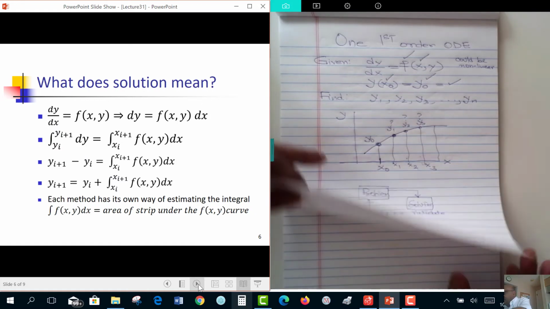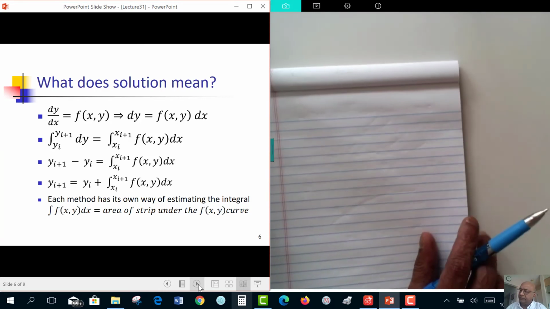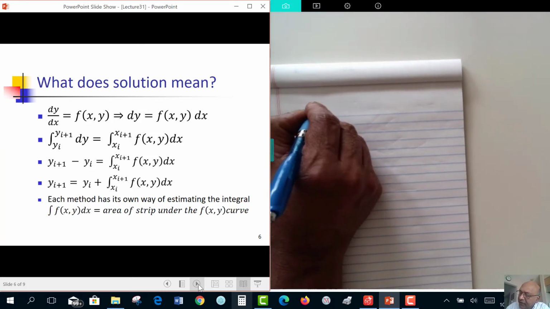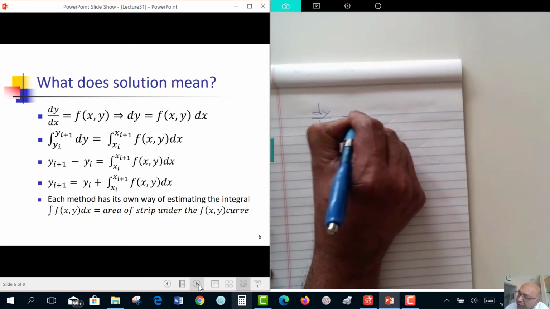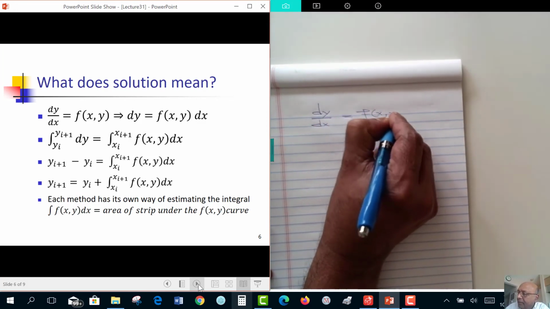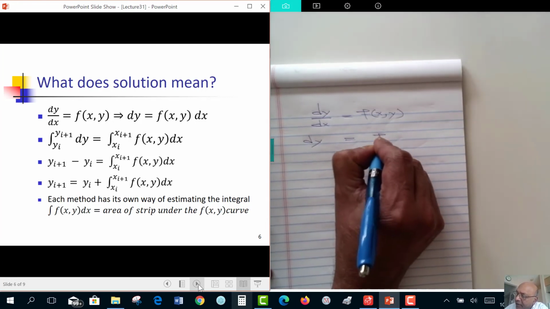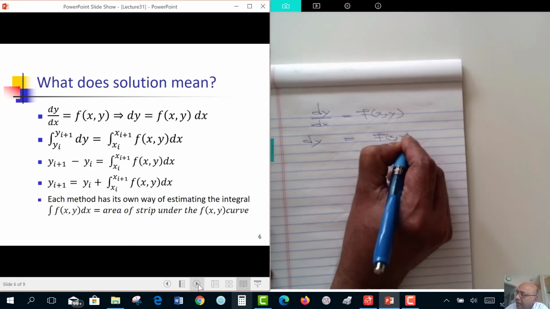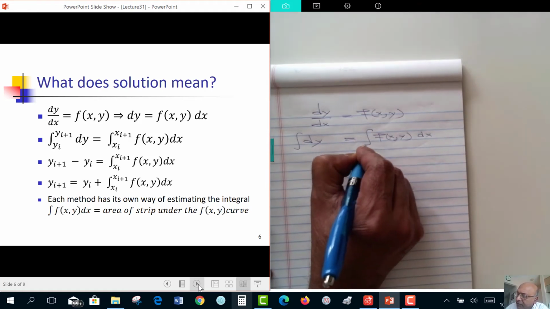So let's see, what does a solution mean? We say we are given dy dx is a function of x and y. So we can write dy as f(x, y) times dx, and integrate both sides.